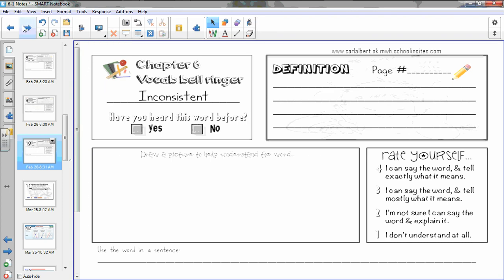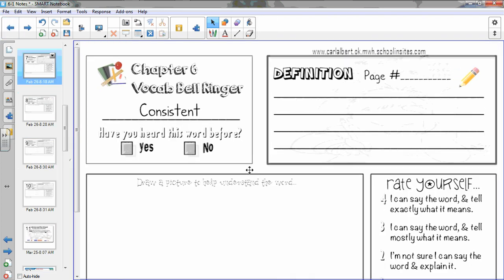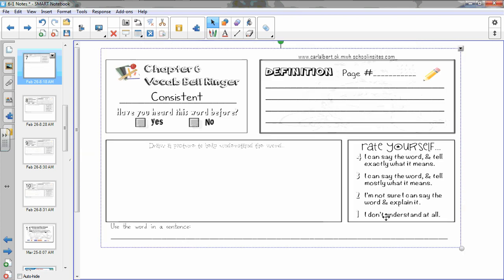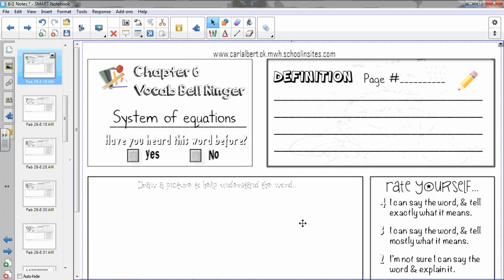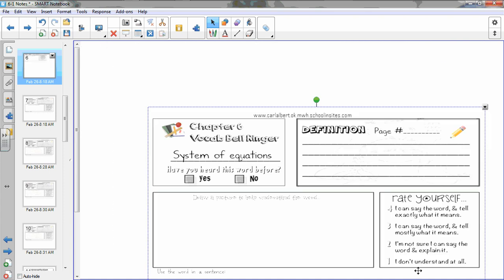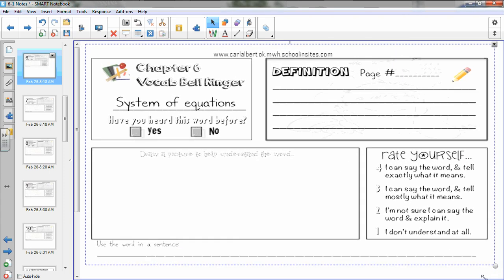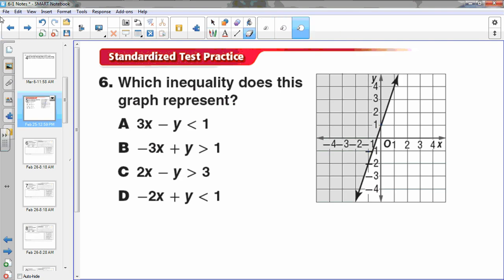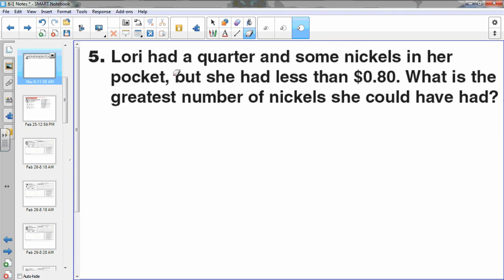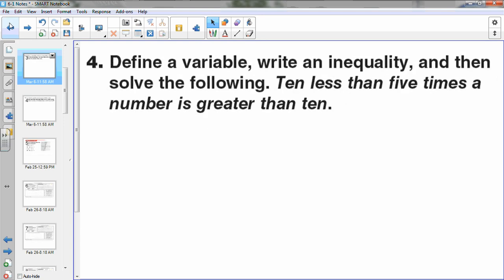Was our first home source our last one? It was our first one. I can't remember if, no, our last was the first one. Yeah, I saw them.